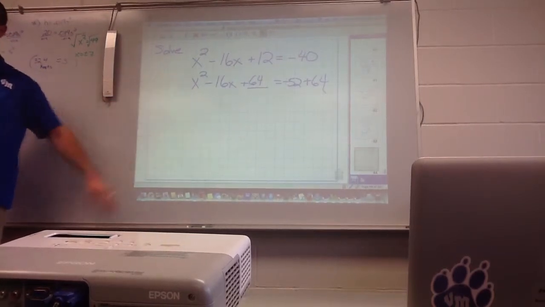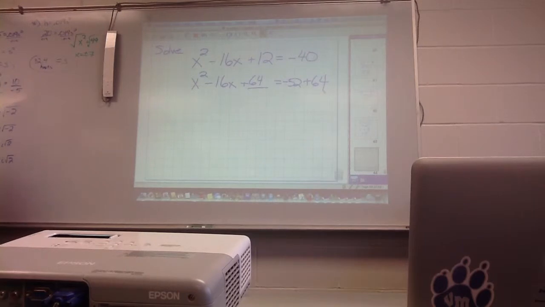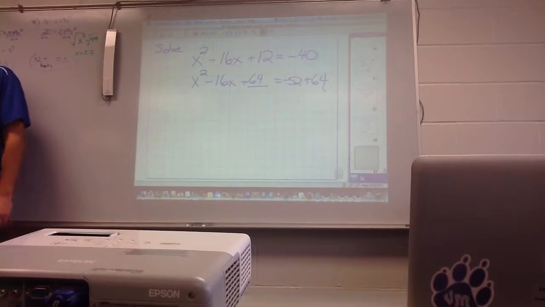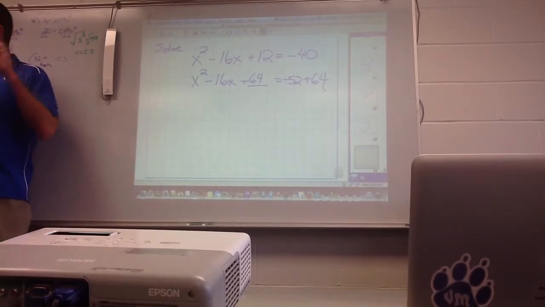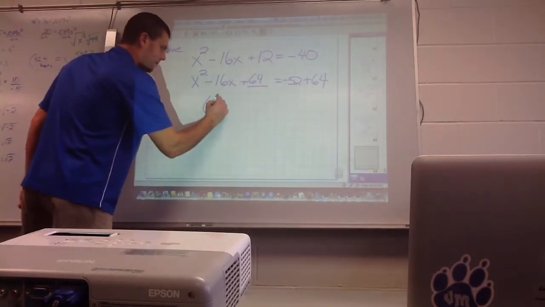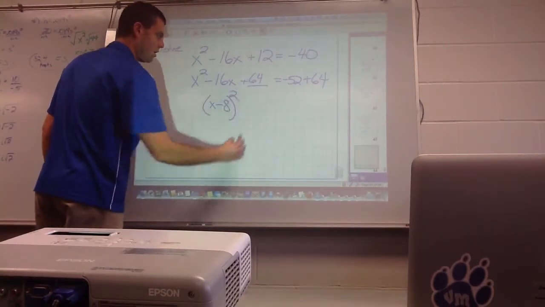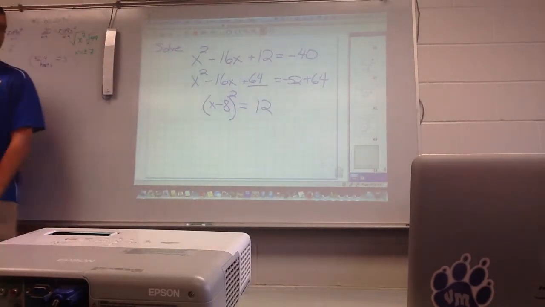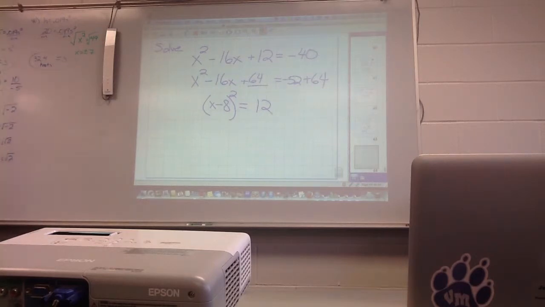Now I have a perfect square, so let's write it as a quantity squared. The left side is what squared? The left side is x minus 8 squared equals 12, looks like. Now can you solve it using square roots? You had to complete the square first to do it, but now you can solve it using square roots. I think we should be getting really good at this by now, I hope.